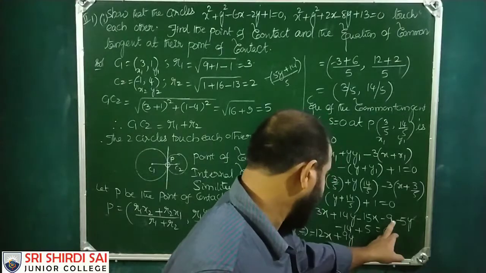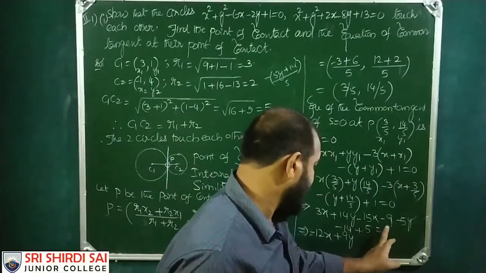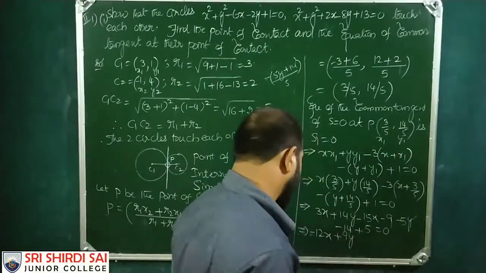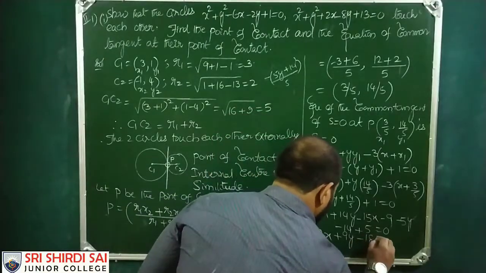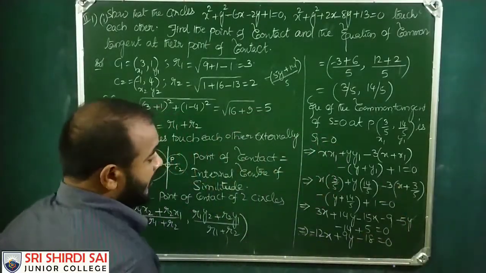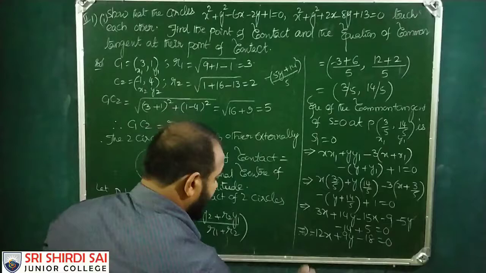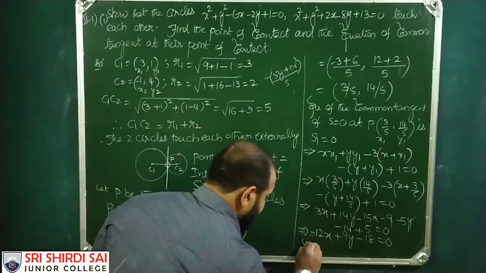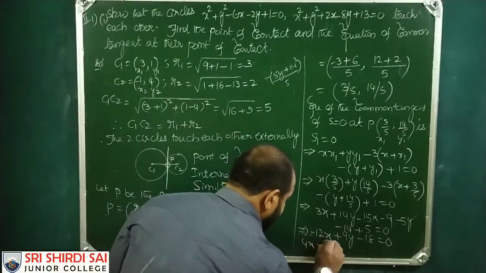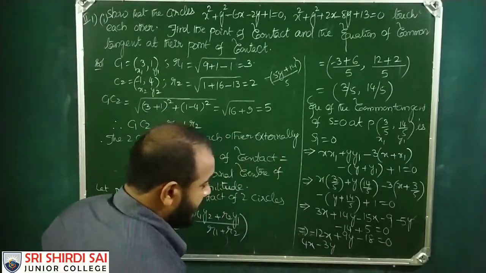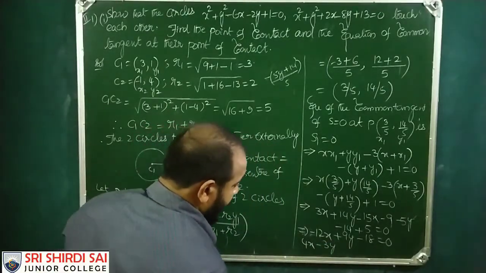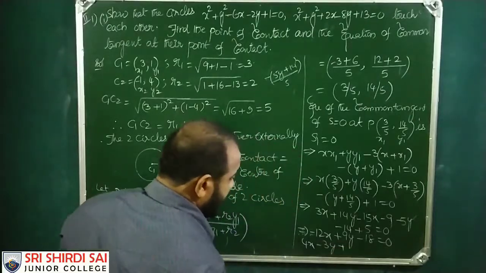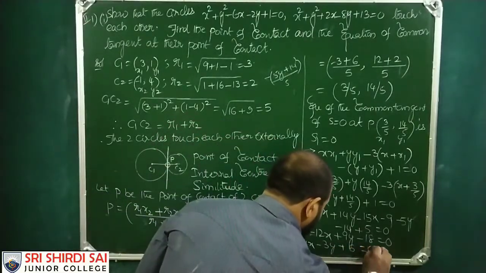Minus 9 plus 5 minus 4 minus 14 minus 18 equals 0. If I take minus 3 as common, then 3x, 4x minus 3y, and plus 3 sixes are 18 equals 0.